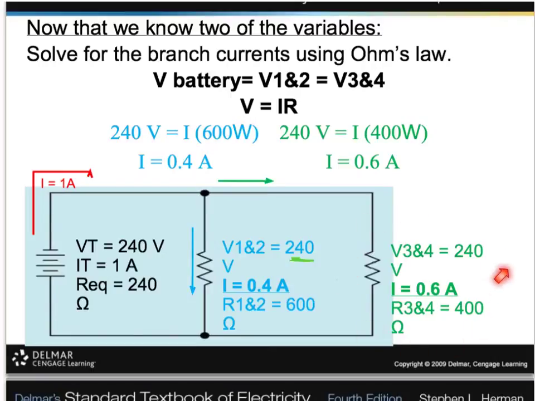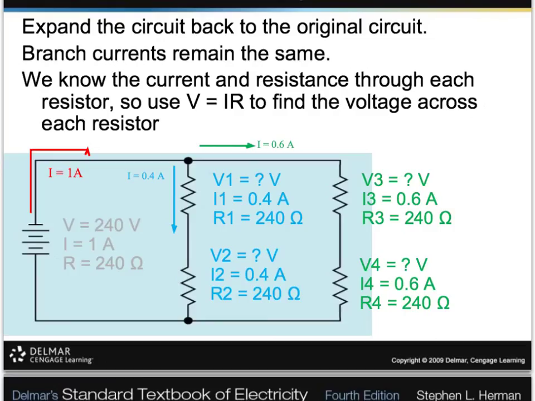Same thing with the other side. And then we find out that our 0.4 amps and our 0.6 amps add up to the 1 amp that came out of the battery. So 1 amp came out of the battery, 0.4 amps went this way, and 0.6 amps went that way.